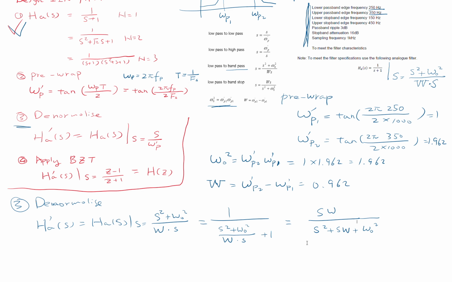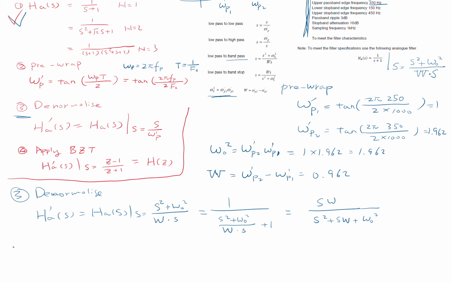After we got this, we can do the last step, apply BZT. For the analog template hat, we replace that S with Z minus 1 over Z plus 1. So on the top we have W multiplied with Z minus 1 over Z plus 1.